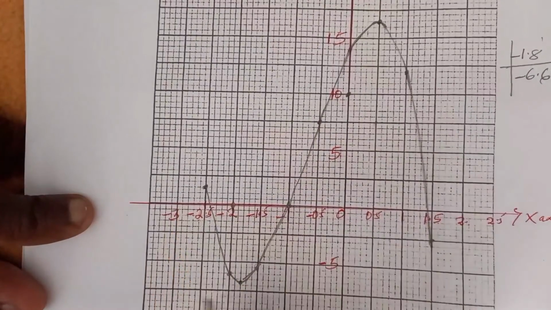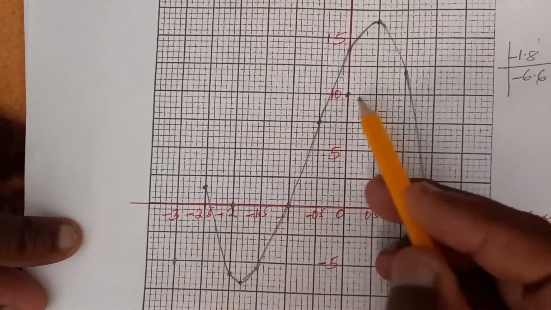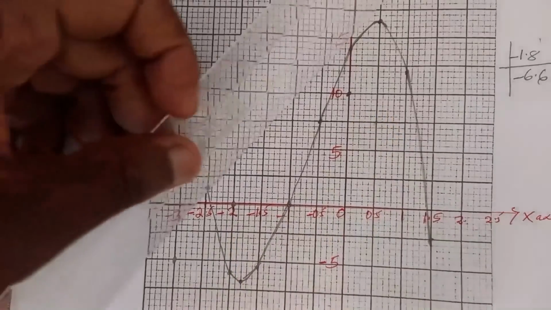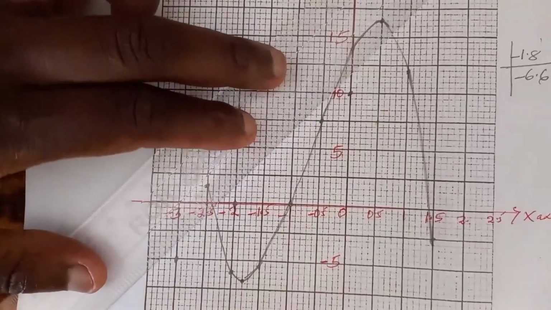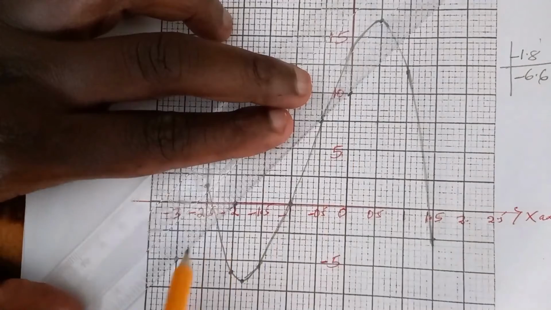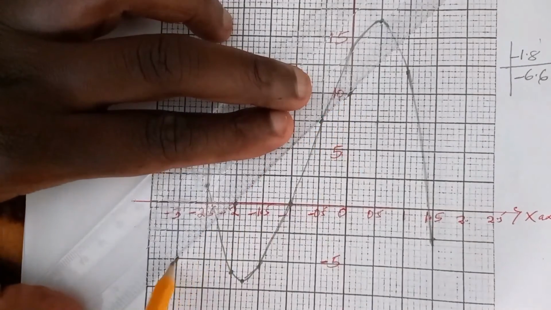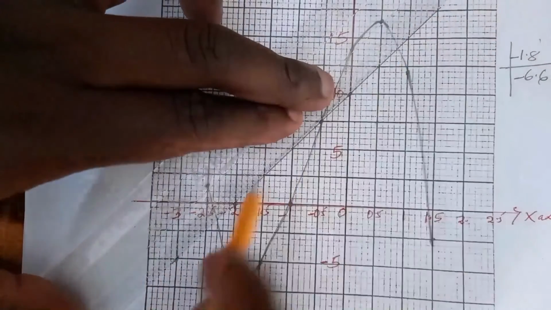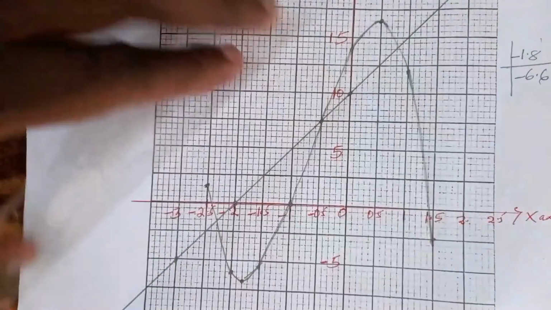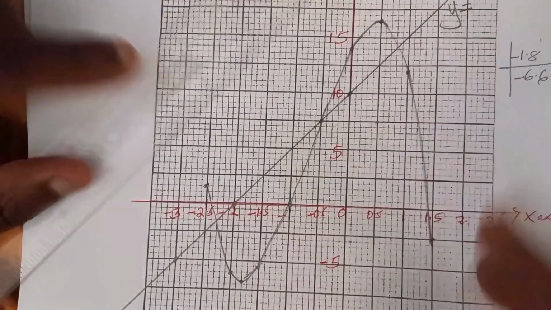So negative 3, negative 5 is here. So these are the points. So join those points using a straight line. So that is the line, y is equals to 10 plus 5x.